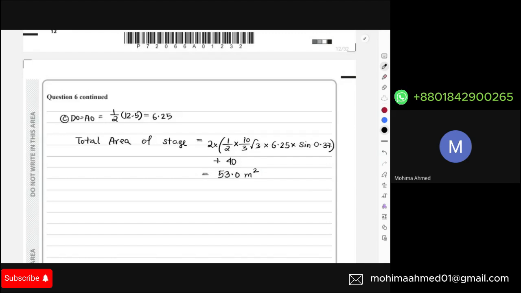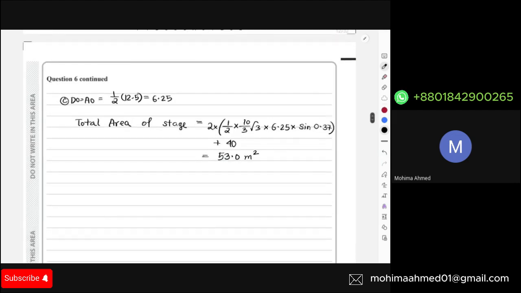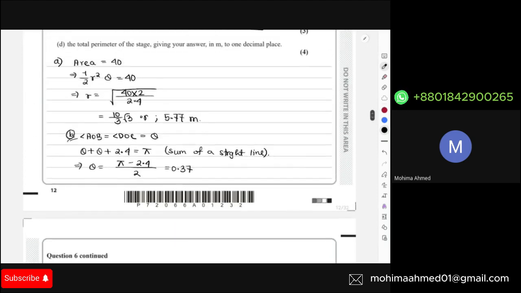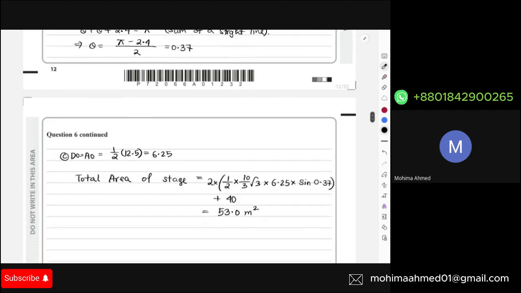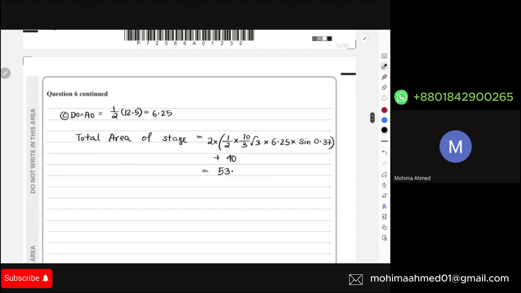Then again, after this, wait 1 minute. 10 by 3 root 3, 6.25, then sine. So I'm getting 53.07. In that case, after you round that up, you're going to get 53.1 meters square, okay?